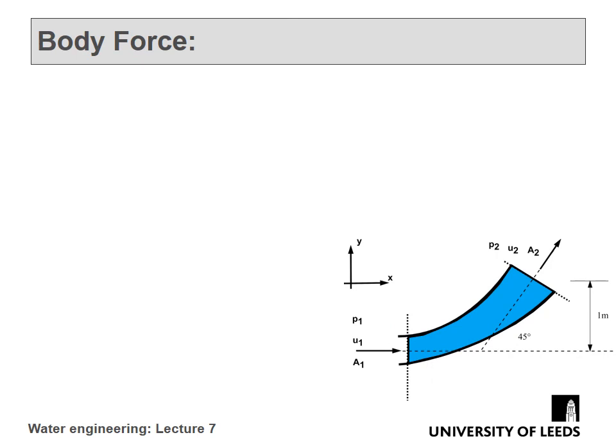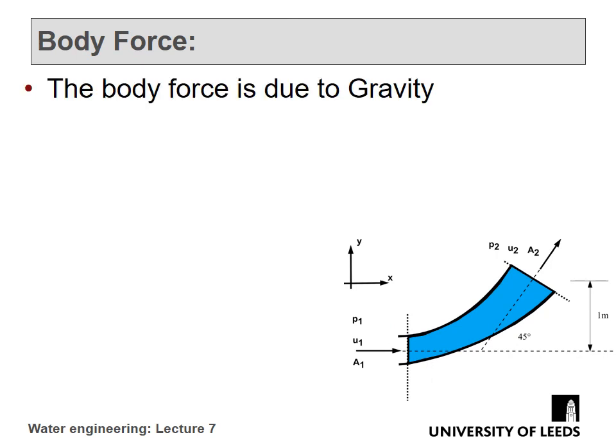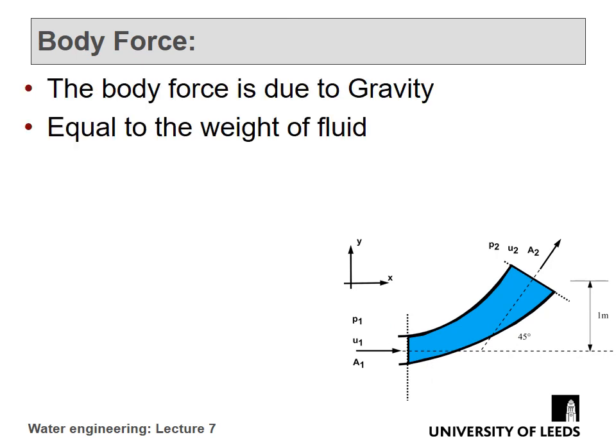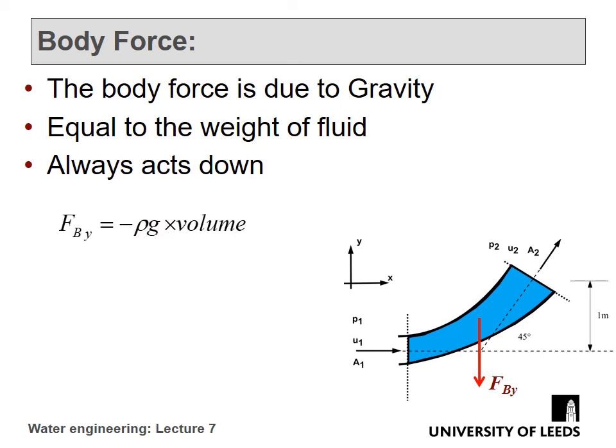The body force. The body force is the weight, the force due to gravity. It always acts down, because gravity acts down. So the body force is in the y direction. There'll be no body force in the x direction. The body force is down, so it's negative rho g times the volume.